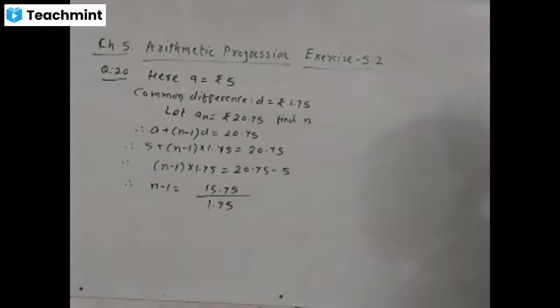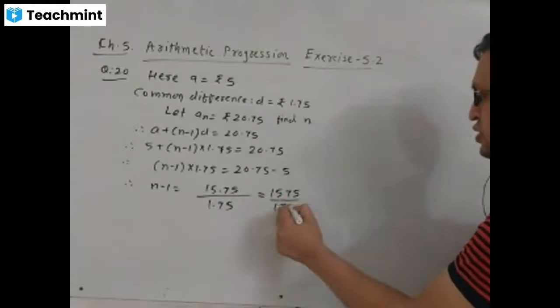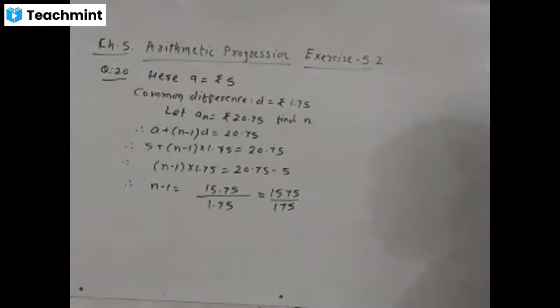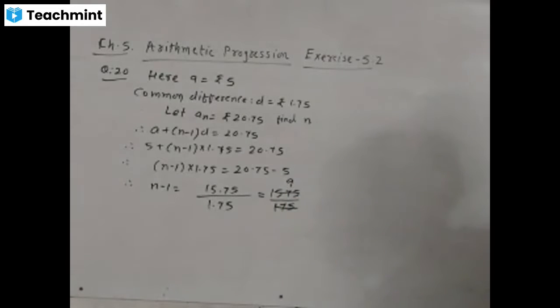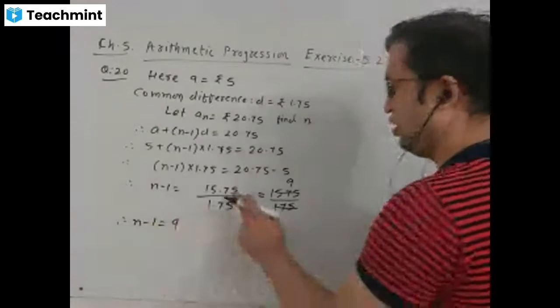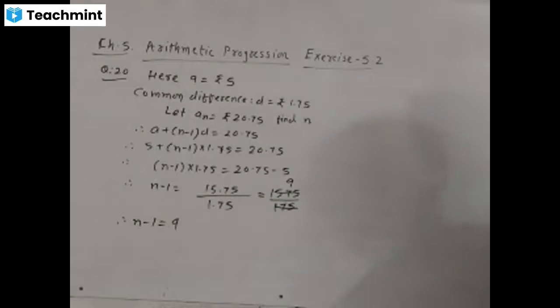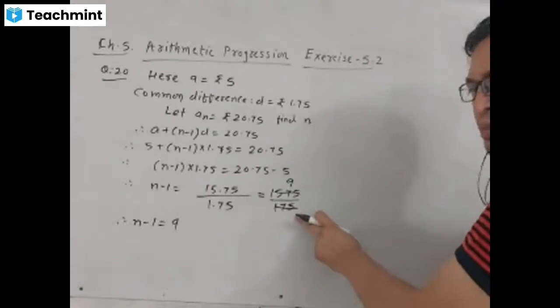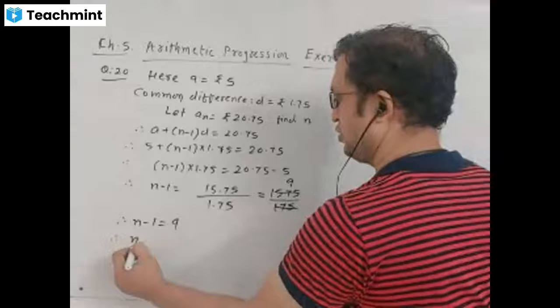That is 1575 divided by 175. 175 nines are 1575. The decimal point is on both sides with two digits, so both cancel. Therefore N minus 1 is equal to 9, and N is equal to 10.